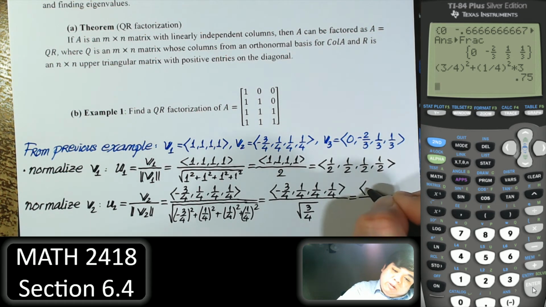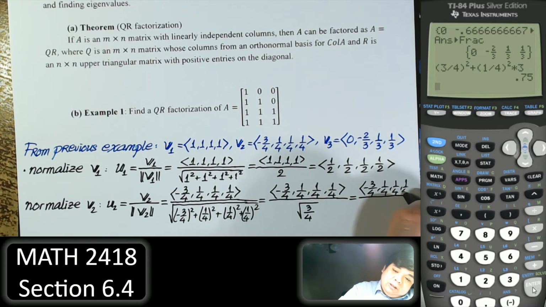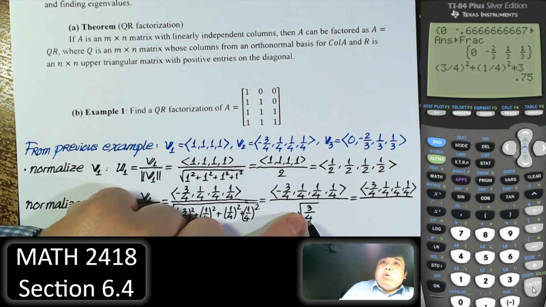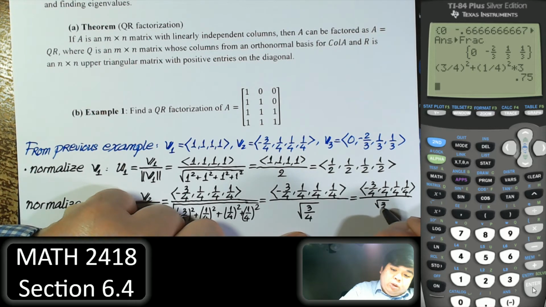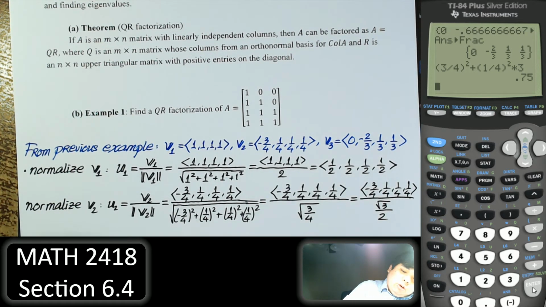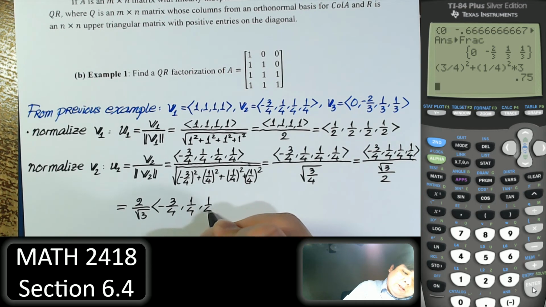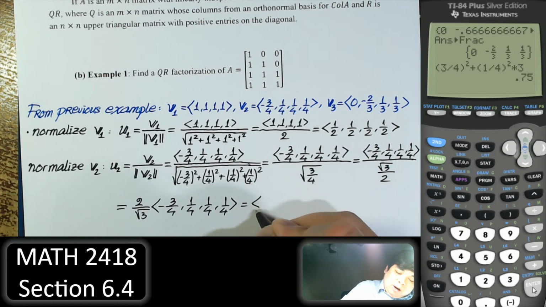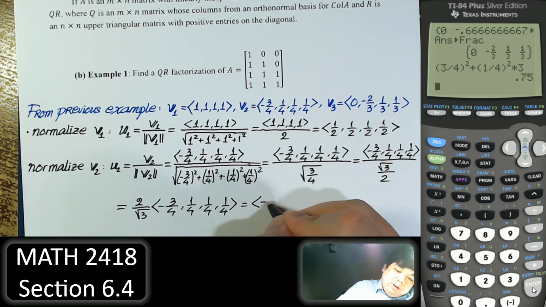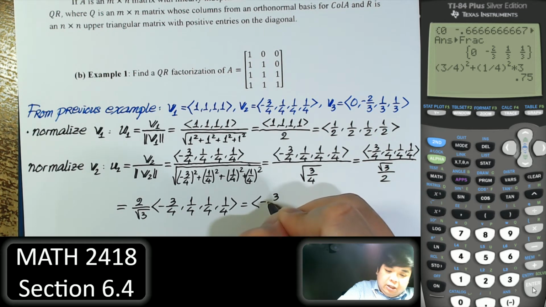I'll just write. So square root of the top, square root of the bottom, so square root of 3 over 2. Multiply by the reciprocal, meaning 2 over square root of 3. Right, multiply inside, have negative 3 over 2 square root of 3.